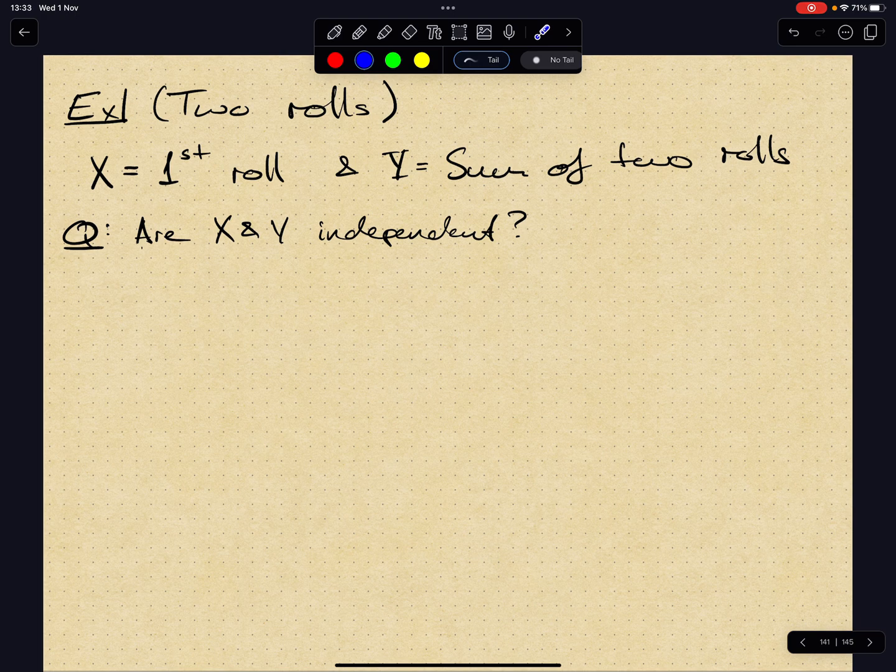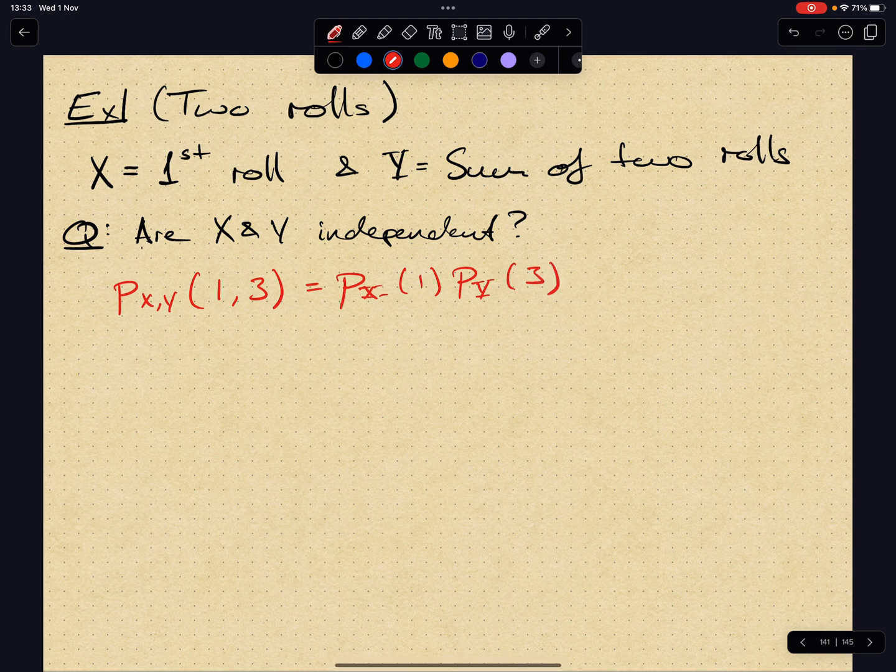This is something that we can do explicitly. If X and Y were independent, the probability of X and Y, let's say 1 and 3, should equal the probability that X is equal to 1 times the probability that Y is equal to 3. We've already computed that the joint is equal to 1 over 36.